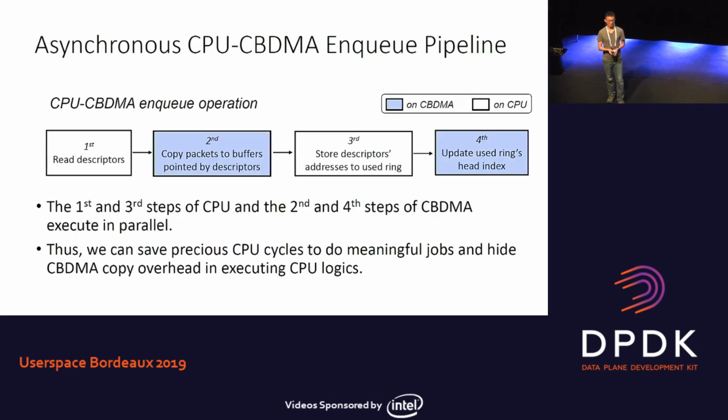When the CPU is done with the first operation, it will enqueue some requests into the CBDMA, right? And it will go to do the third step, which is to store all the descriptor addresses to the used ring.